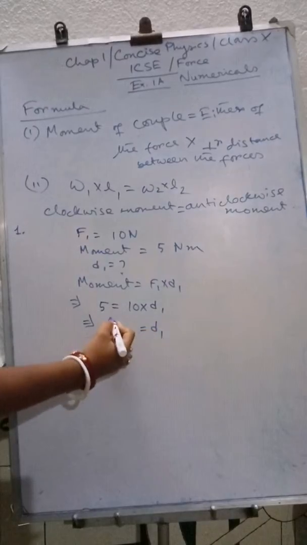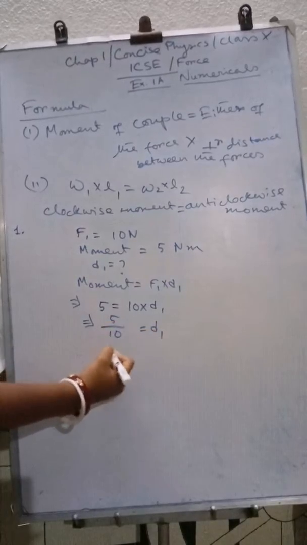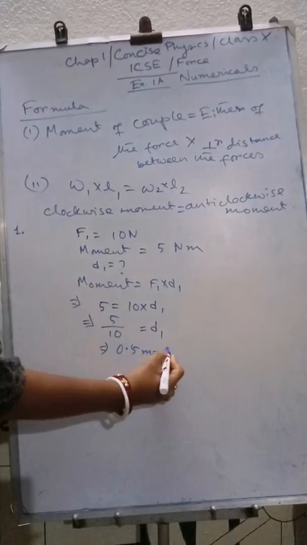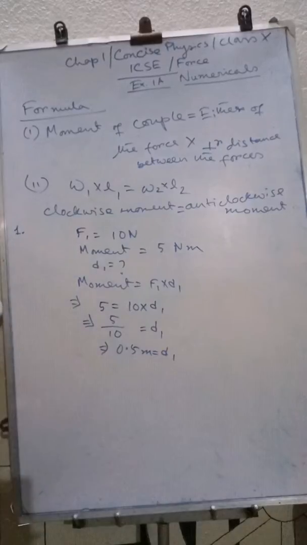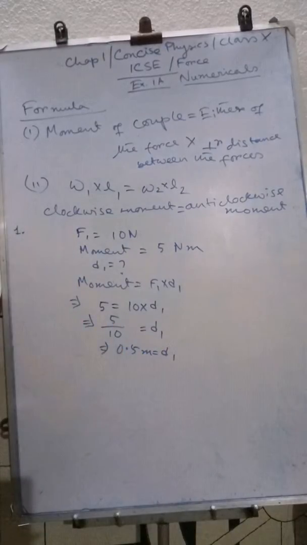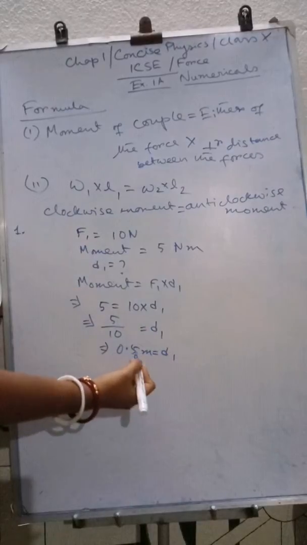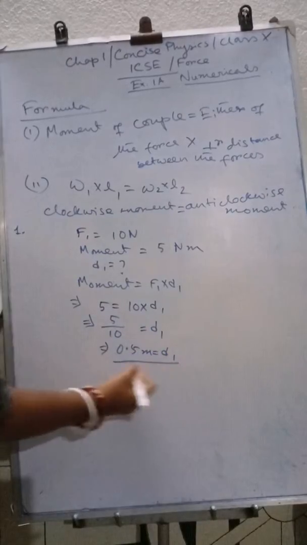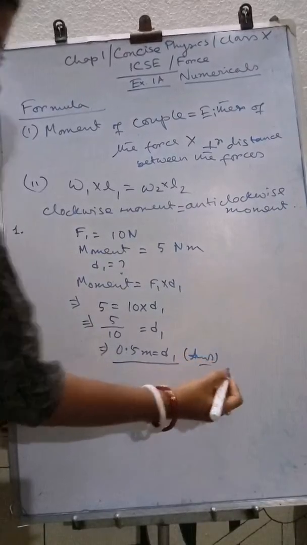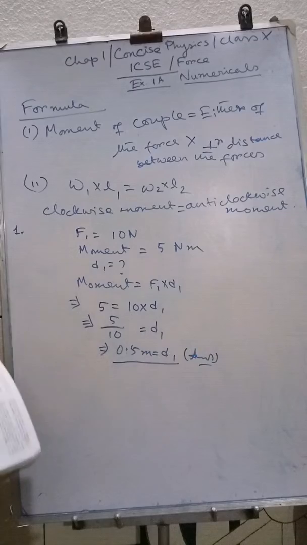Then d1 will be 5 by 10, that is 0.5 meter. So here we get the result. The distance of point O from the line of action of force is 0.5 meter. This is the solution of the first problem.